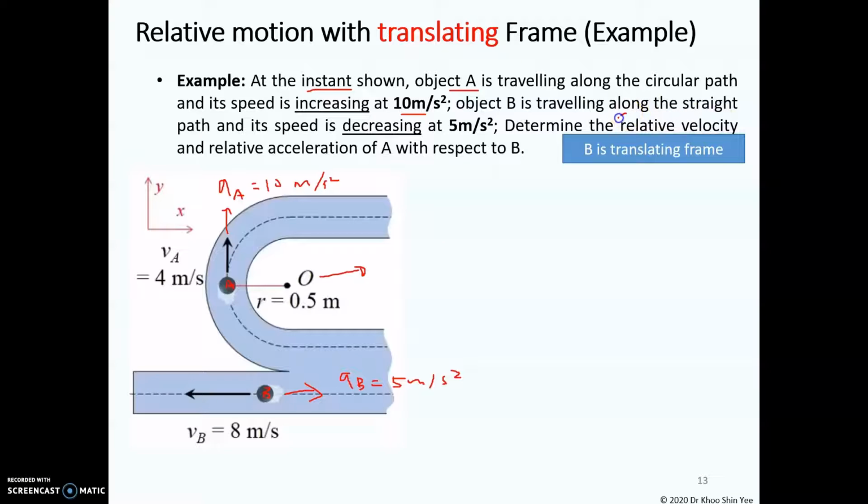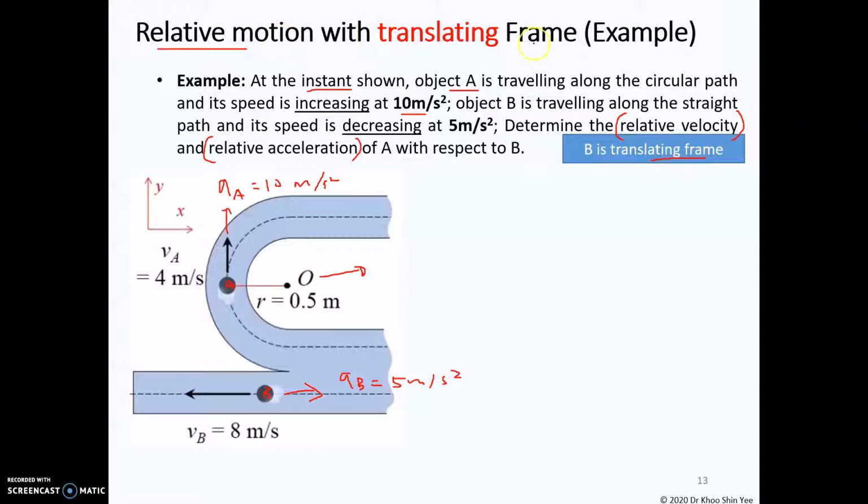And you need to find the relative velocity as well as the relative acceleration of object A with respect to B.